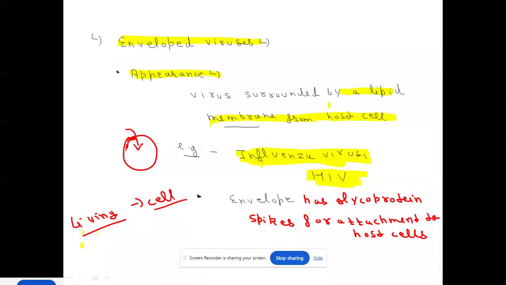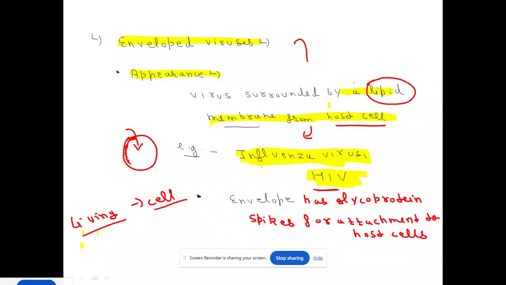So the cell membrane of the host is there. The viruses which are surrounded by the lipid membrane, made up of the lipids from the host cell, are the enveloped viruses. So examples are influenza virus and HIV.